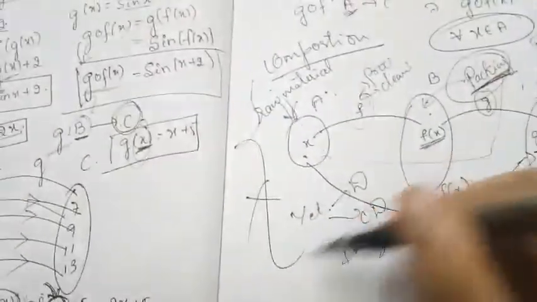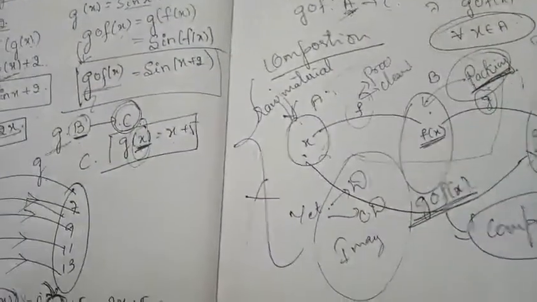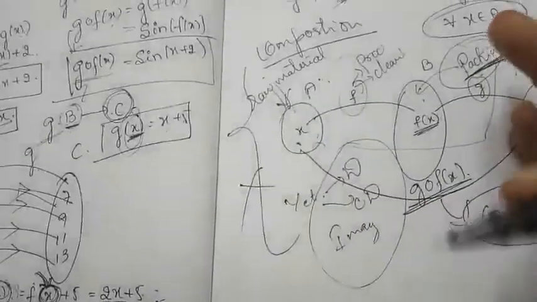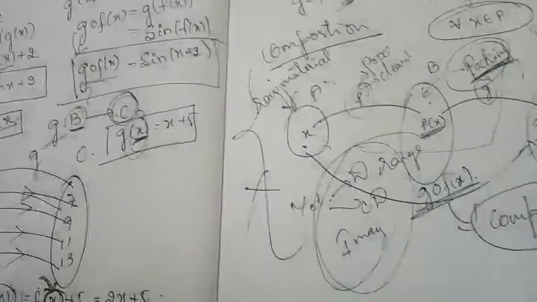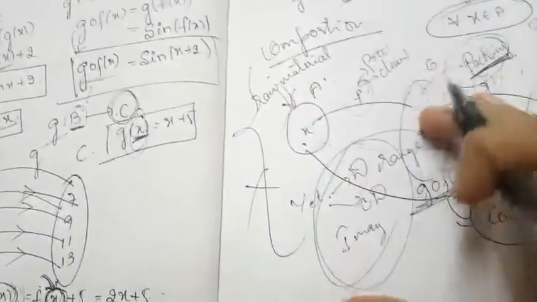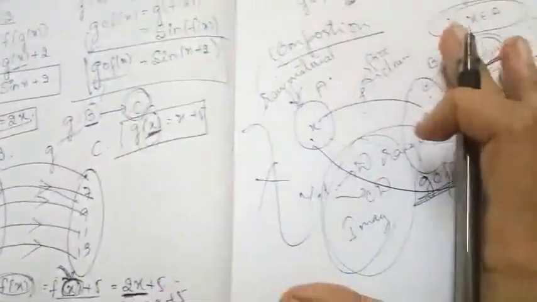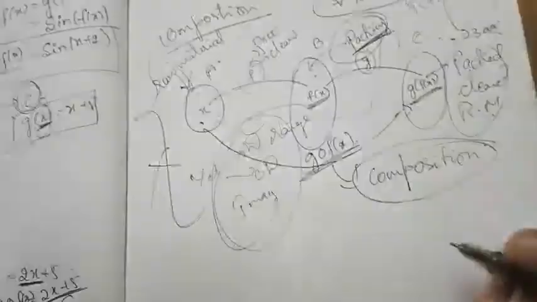So before this, you should understand the domain of the function, the codomain, the image, and the range of the function. When you understand all these things, then composition of a function is not a big thing. So understand everything step by step, then come to the next concept.